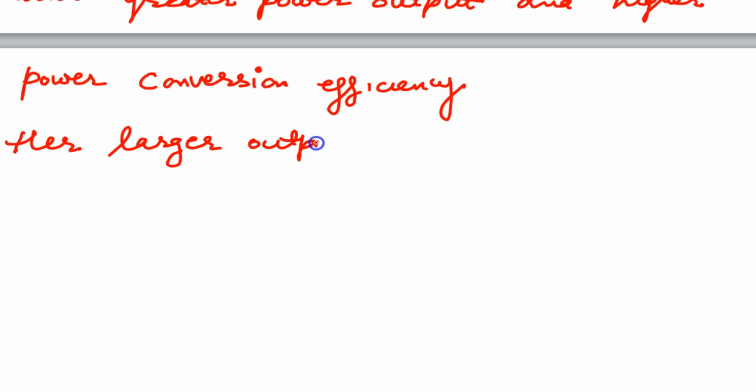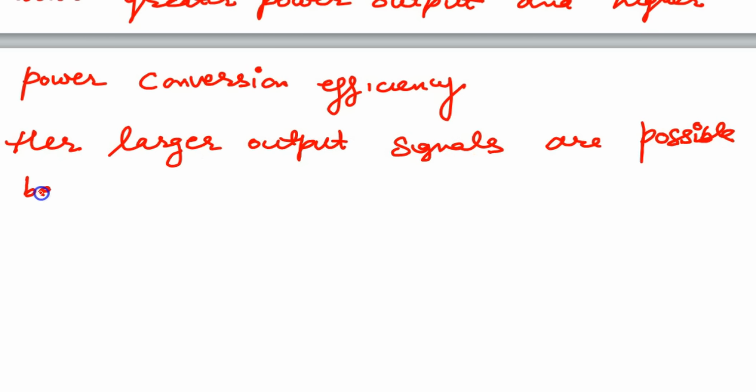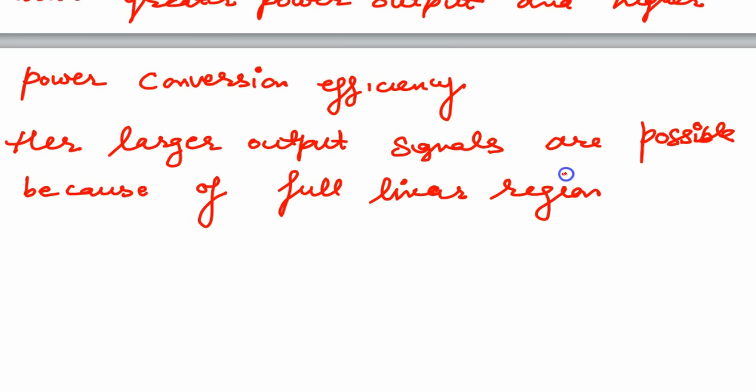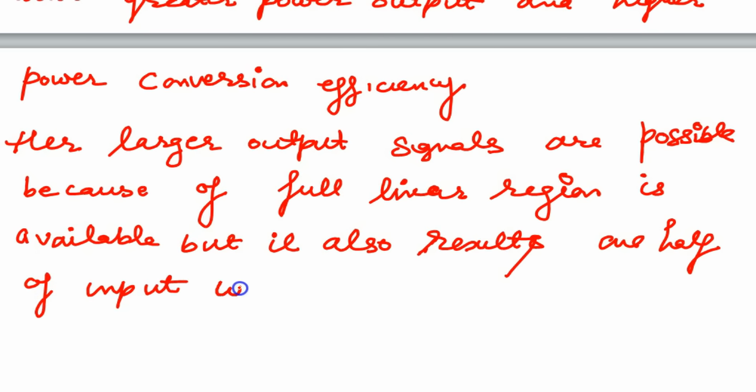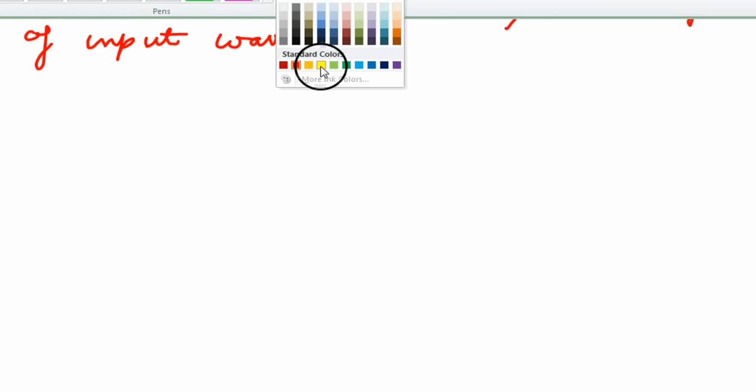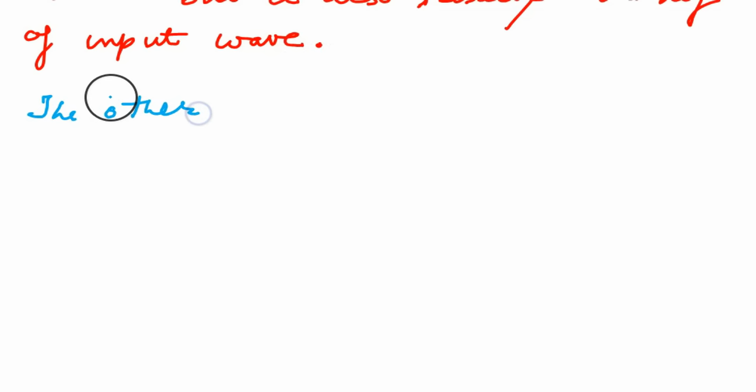With that, the power efficiency increases, and larger input signals are possible because most of the linear region becomes available for the variation of collector current, as most of the portion of the dynamic curve handles only the positive part of the signal. So larger input signals are possible.